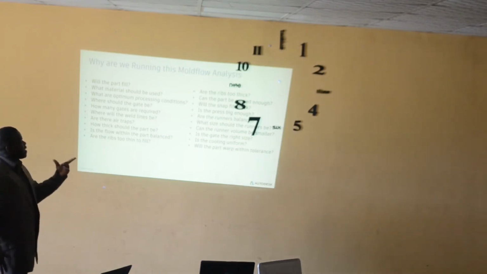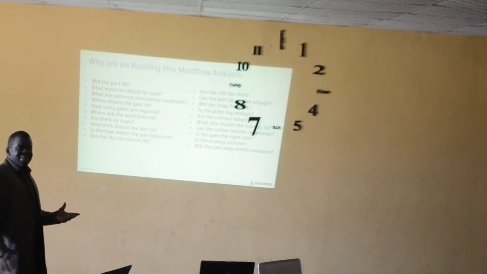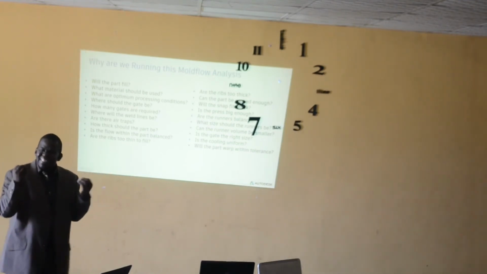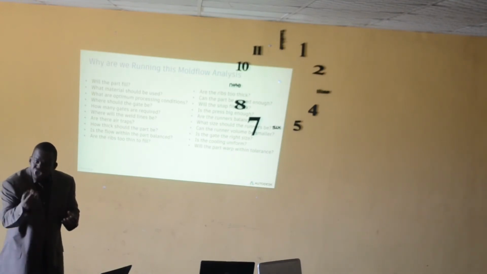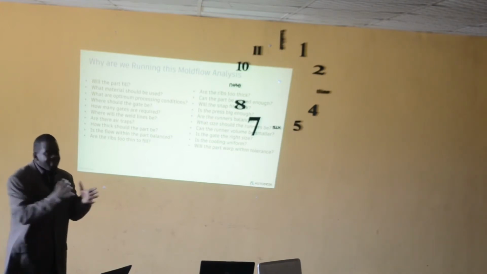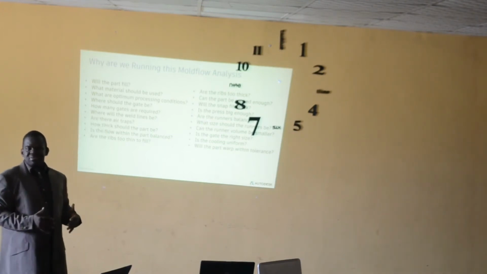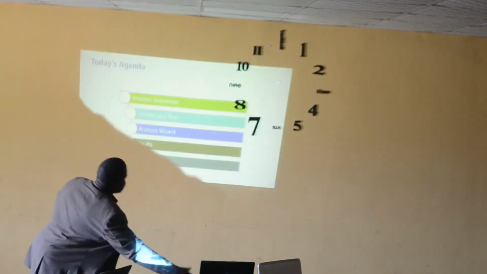Is the gate the right size? Is the cooling uniform? Will the part warp within tolerance? These are intelligent questions that may be answered per issue, per model, per plastic part design. So brace yourself and ensure that you're ready to do this.